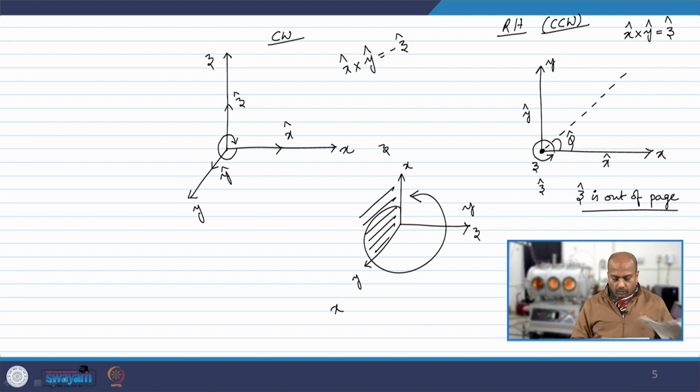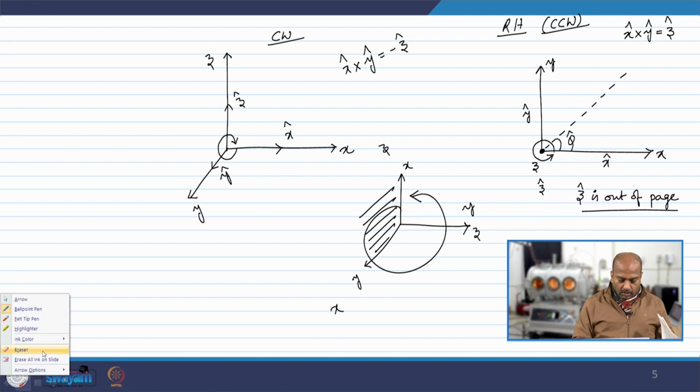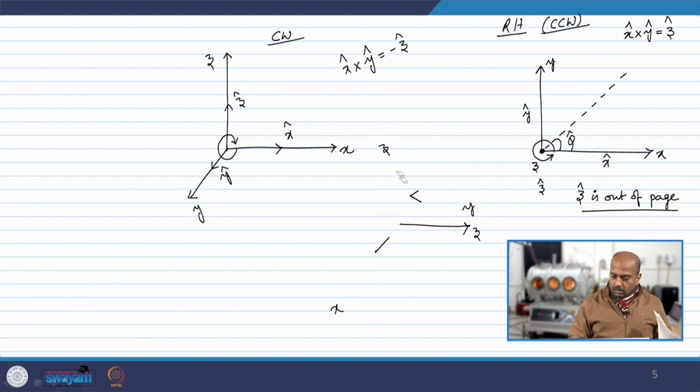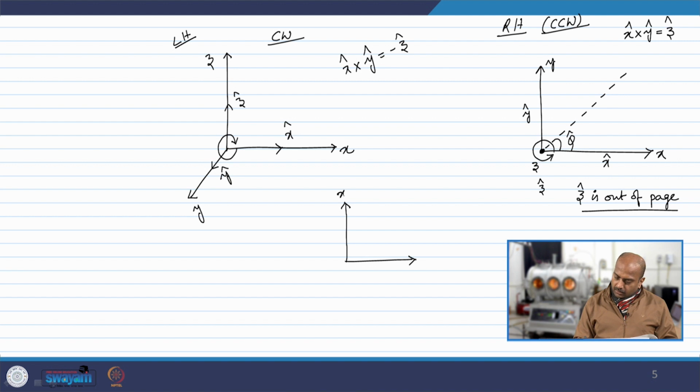The easiest way to denote the left-handed coordinate system, this is the left-handed coordinate system. If you choose your axis to be like this, this is your x. Now here we cannot draw a dot, it has to be like this.